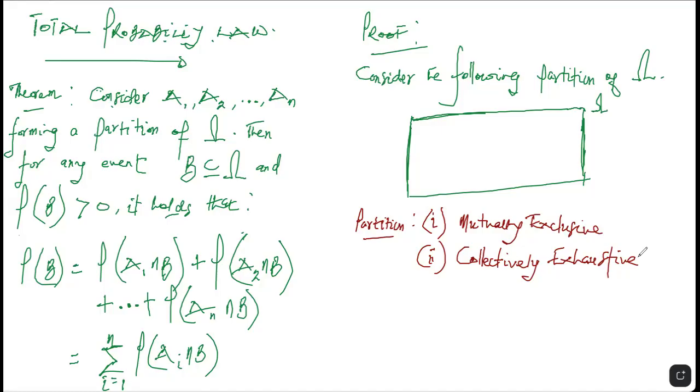Then if we say collective exhaustivity, or to be collectively exhaustive, it means that if I take the union of the kitchen space with the living room space, and I unionize that with the bedroom space, what do I get? I need to get back the entire house. You understand?